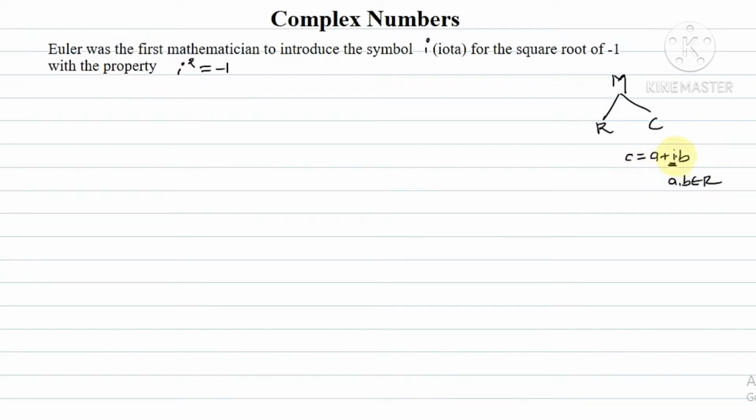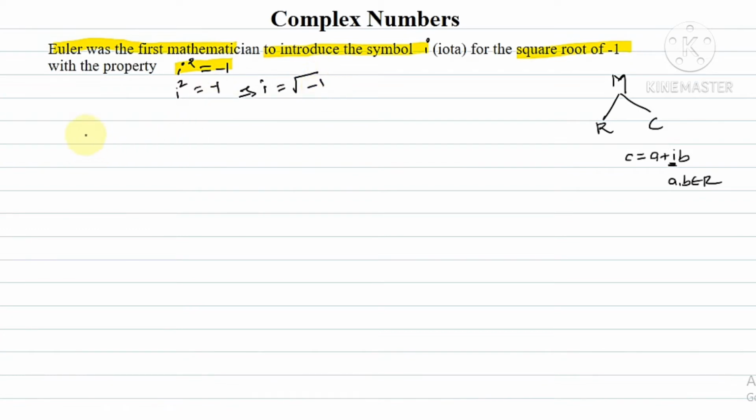Euler was the first mathematician to introduce the symbol iota. This is for the square root of -1, with the property iota square equal to -1, which implies we can write iota equal to square root of -1.